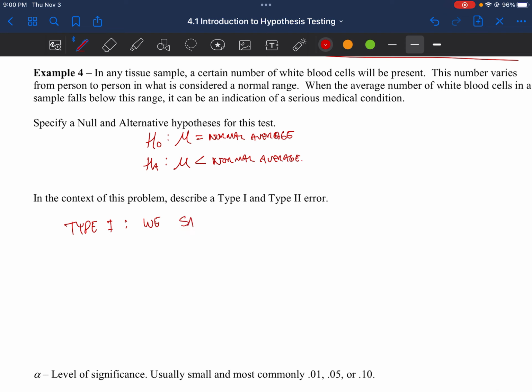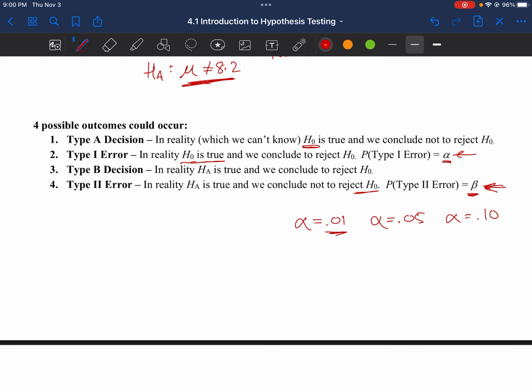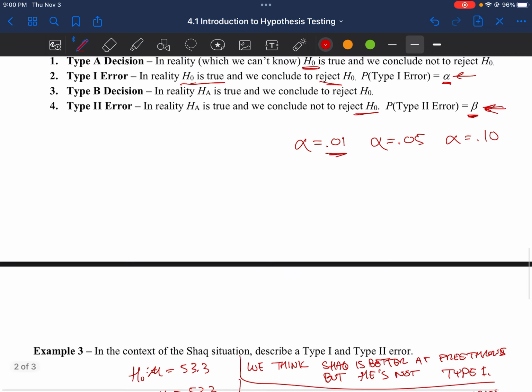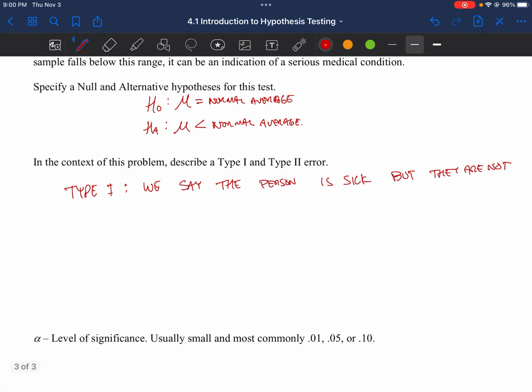We say, oh no, yeah, we say the person is sick, but they are not. So what we're saying is we think that this person has a white blood cell count that's below normal, right? Because a type 1 error, the null hypothesis is true, but we reject it. So in this case, we say that the person is sick. We think their blood count level is way below normal, but it turns out that they're not.